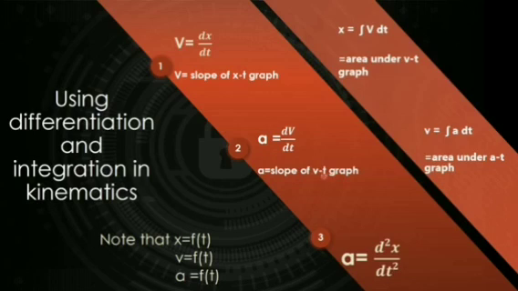I can write acceleration equals dv by dt. If I put the value of v here, which is dx by dt, then I can write a equals the double derivative of x, which is d2x divided by dt square. This is about differentiation. Now for integration, the area under the velocity-time graph gives the displacement, which can be written as the integral of v dt.